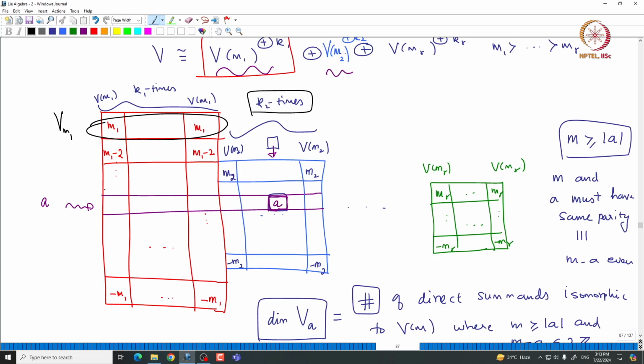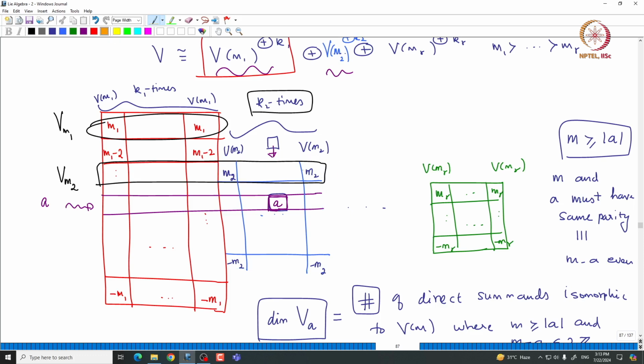Now let us look at this particular stripe where m2 occurs as the weight. Okay. So, this is going to be Vm2, the weight space of capital V corresponding to the weight m2. Now, if we take this stripe, you can see that K2 number of copies of Vm2 appears somewhere here.